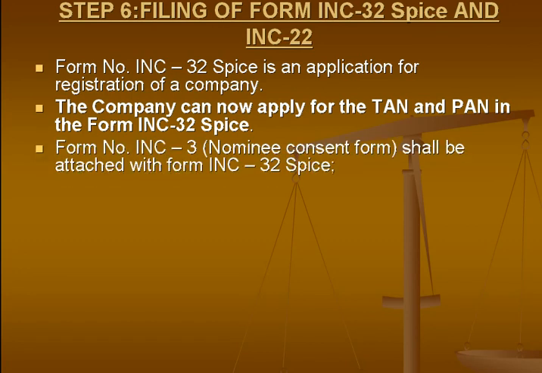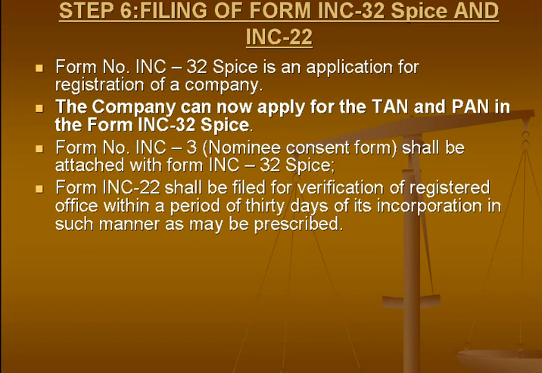Form INC 3, that is nominee consent form, shall be attached with form INC 32 SPICE. Form INC 22 shall be filed for verification of registered office within a period of 30 days of its incorporation in such manner as may be prescribed.